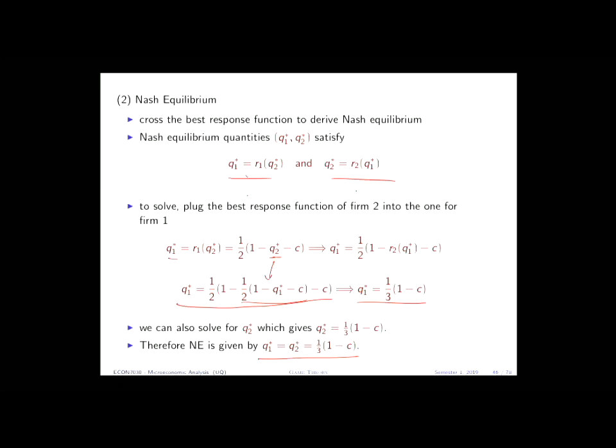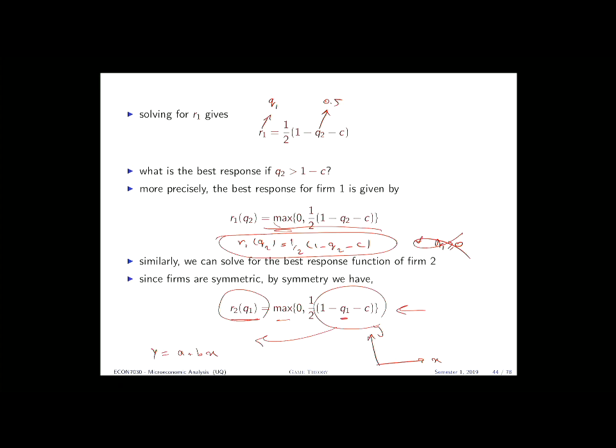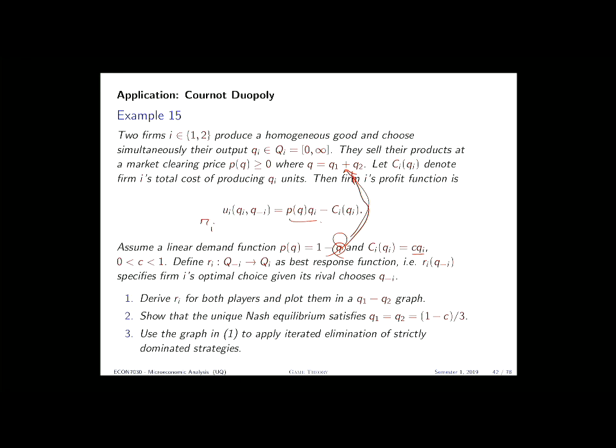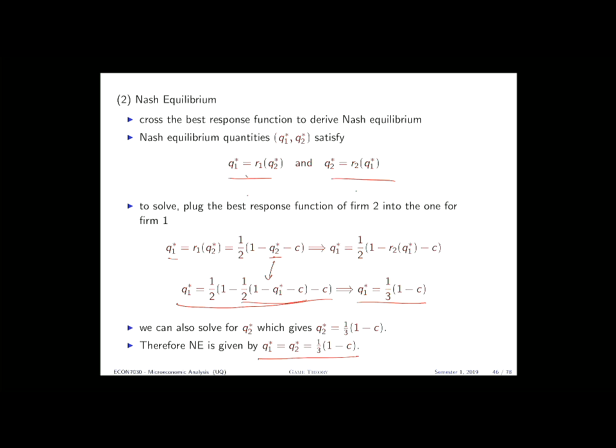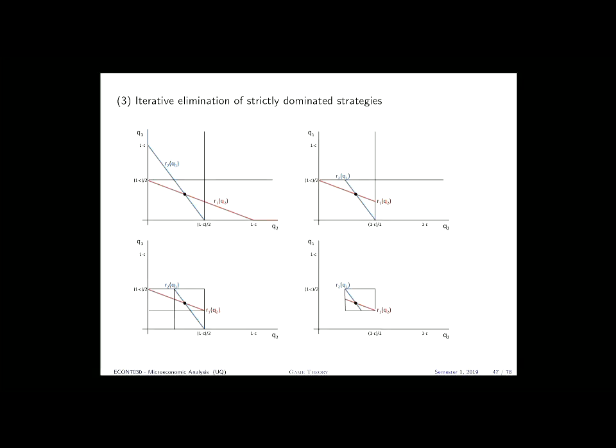Now, having said that, the question tells us to use the graph in part 1 to apply iterated elimination of strictly dominated strategies. So now we know the concept of equilibrium and how to define it. We know that this Nash equilibrium is even stronger than we thought. It is IDE as well. Now, we need to show it. How do we show it?